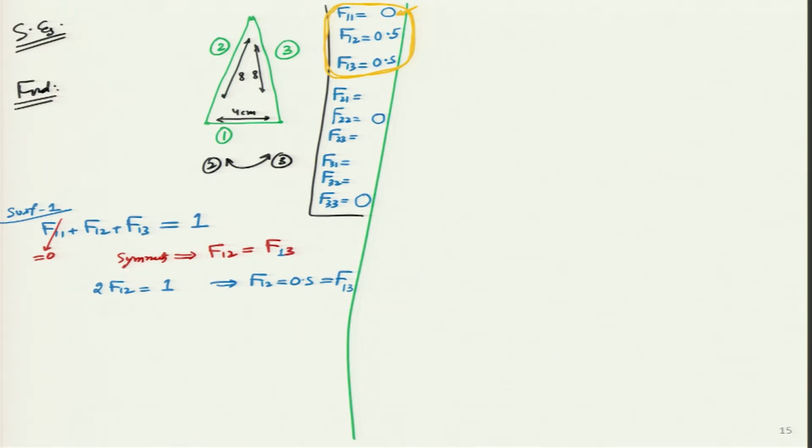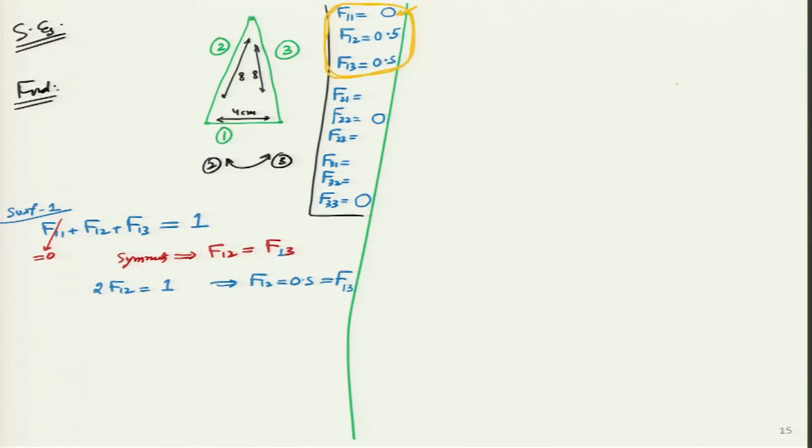What does that tell me? That whatever is leaving surface 1, if the other 2 surfaces are symmetrical around it, then it treats them both equally. So, half of it is going and hitting surface 2, half of it is hitting surface 3, and that would have taken place even if surfaces 2 and 3 were irregularly shaped.